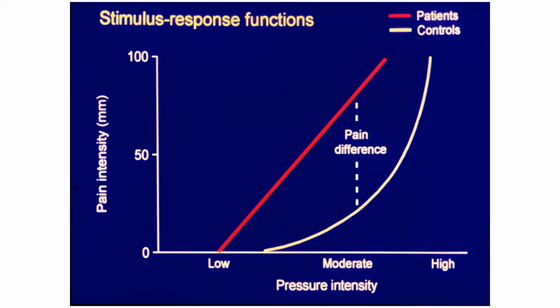So there is an abnormal, not only increased sensitivity, but also an abnormal stimulus response curve in the tender spots. But what the mechanism is of these tender spots, nobody really knows. And there have been lots of reports about exciting findings, and they've not been reproduced.